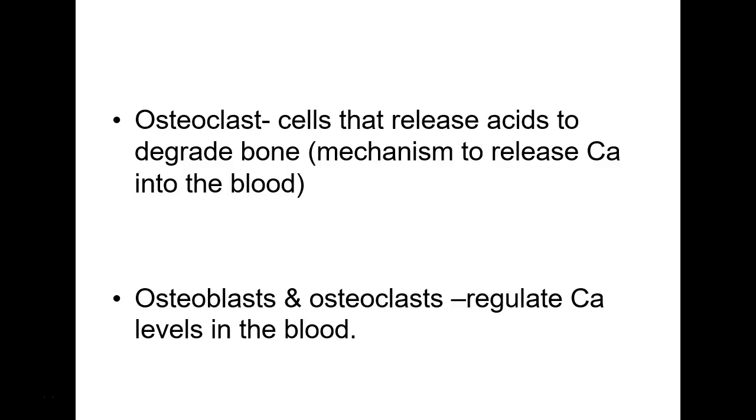It will free up the calcium and put it into the blood, whereas osteoblasts will take calcium from the blood or the tissues and put it into the bone. So these two things can help regulate; there's kind of like a yin and a yang thing going on. They can regulate the calcium levels in the blood because it's very important to have that fairly tightly controlled, the amount of calcium in your blood and your tissues. Very important.